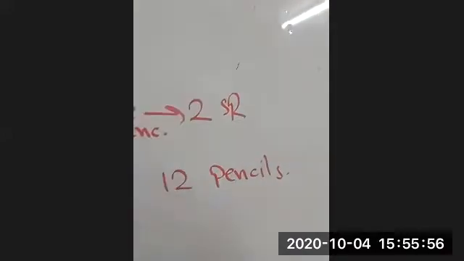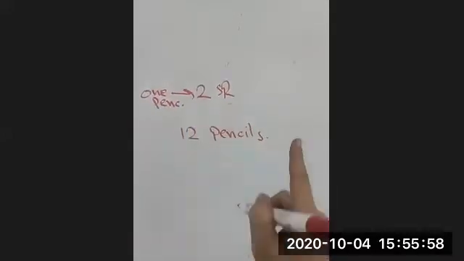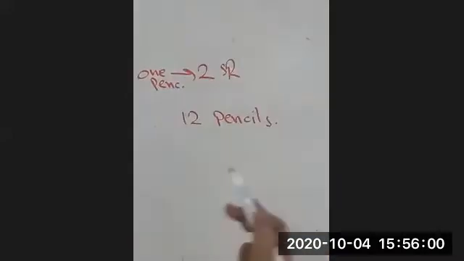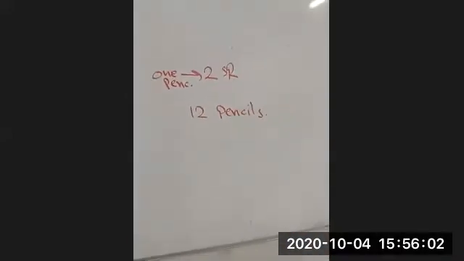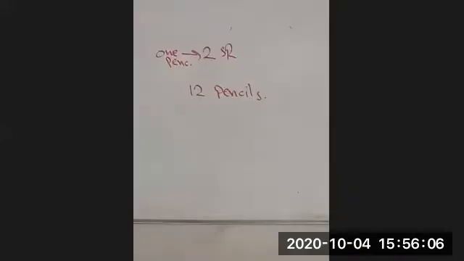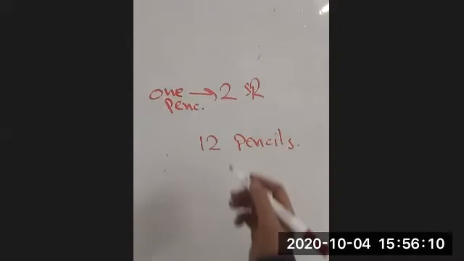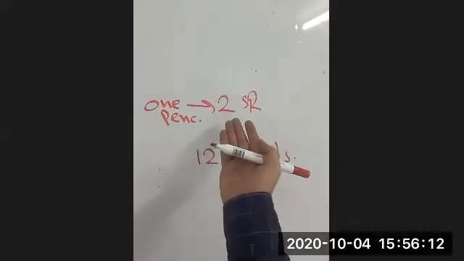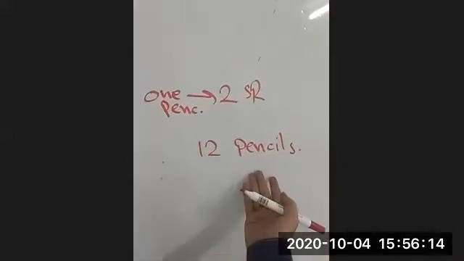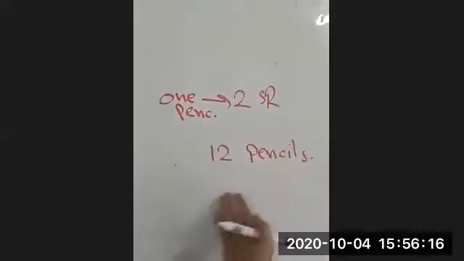If the price of one pencil is 2 riyals, what is the price of 12 pencils? Mister, can I say it? Yalla, say it, Abdul Rahman. 24. How do we get the 24, guys? We multiply the price of one item by the number of items.